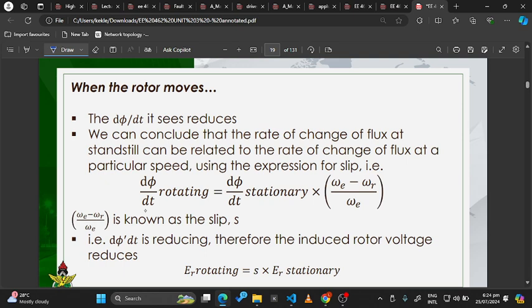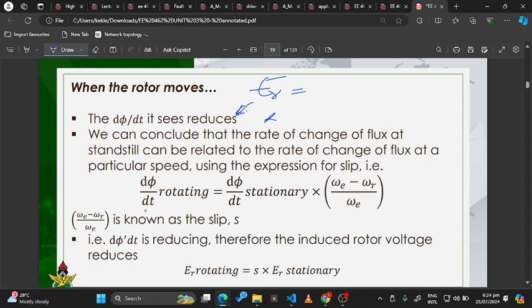Okay. So we said that the maximum EMF that will be induced in the rotor happens when the motor is starting. This explains why a very high current is drawn during starting, because the maximum EMF is produced during starting.